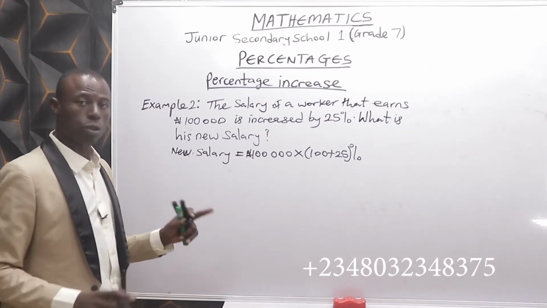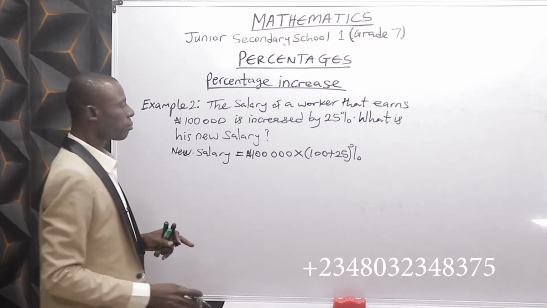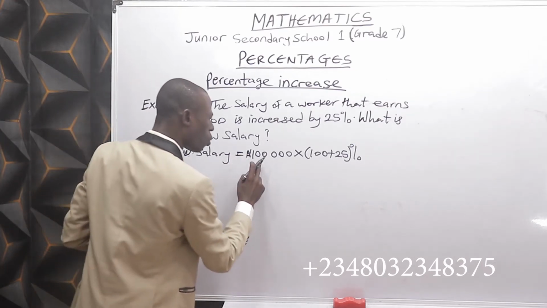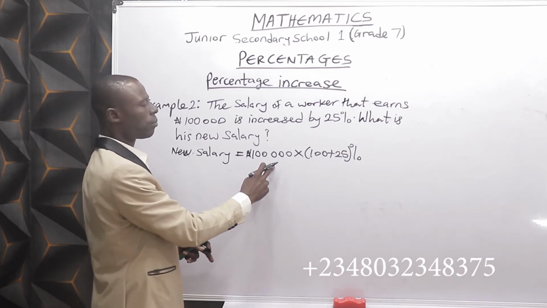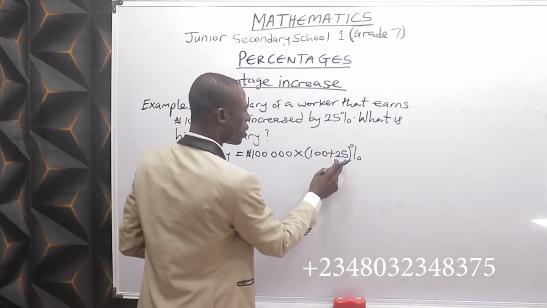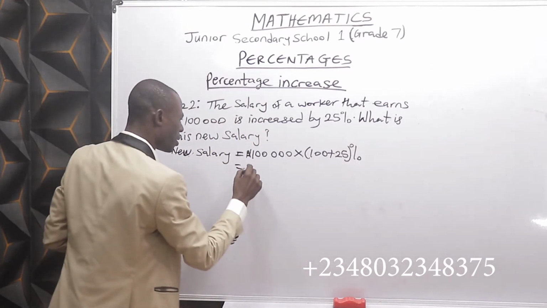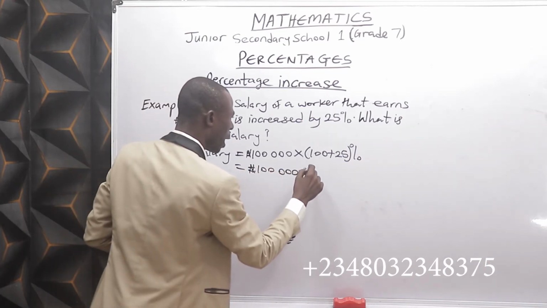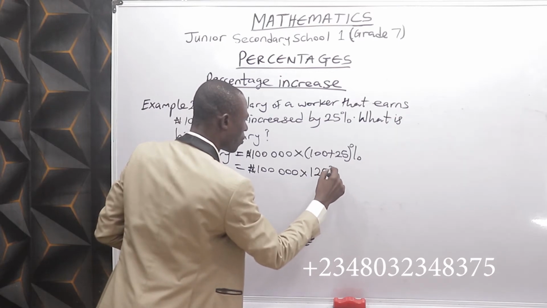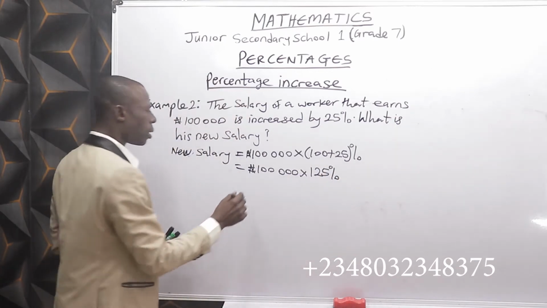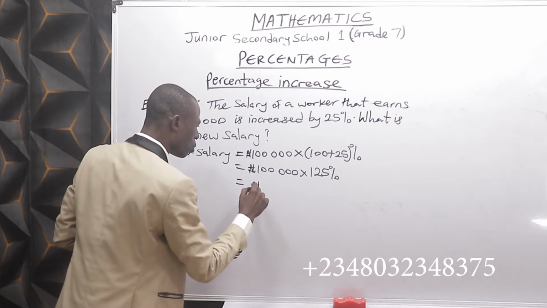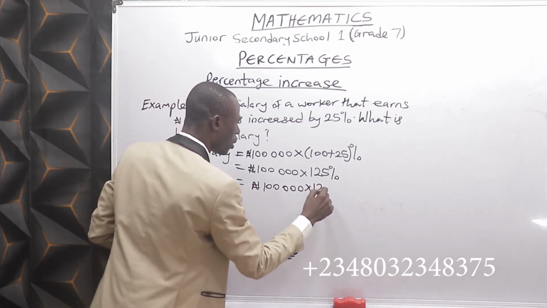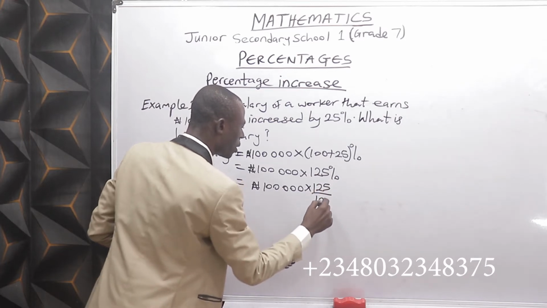I promise to use the two methods. I will. So the new salary is equal to 100,000 times 100 plus 25 percentage. That is 100,000 times 125%, which is equivalent to 100,000 times 125 over 100.